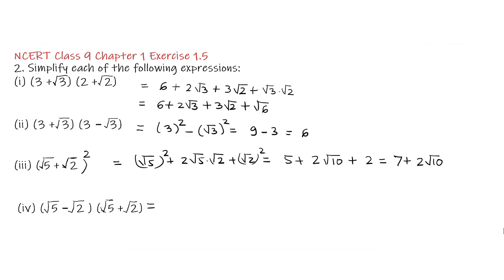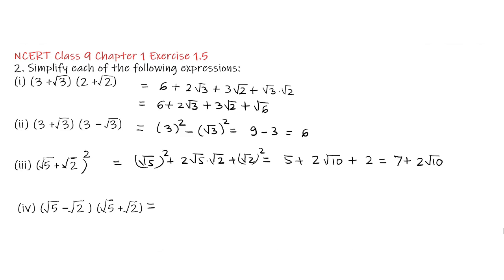Part 4 of the question, root 5 minus root 2 in the first bracket into root 5 plus root 2 in the second bracket. Here we are going to apply the identity a minus b into a plus b equal to a square minus b square.